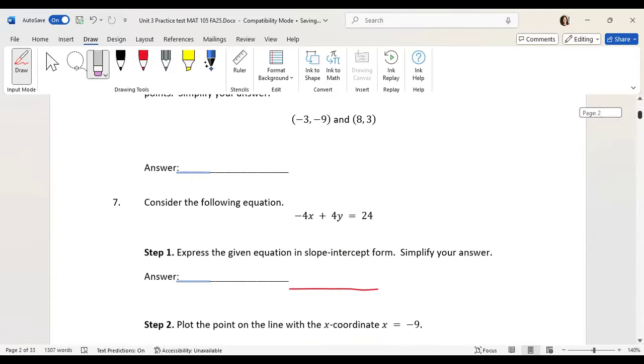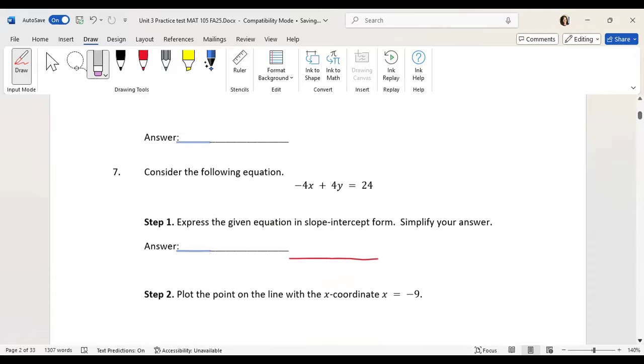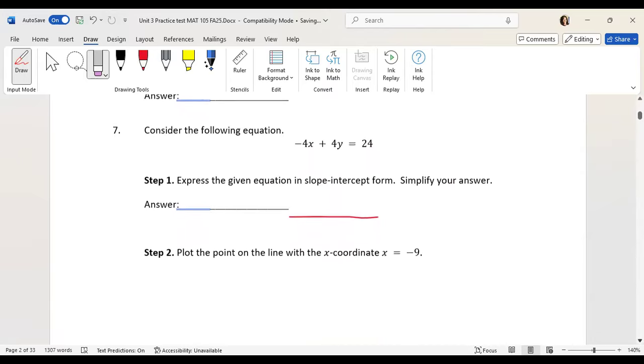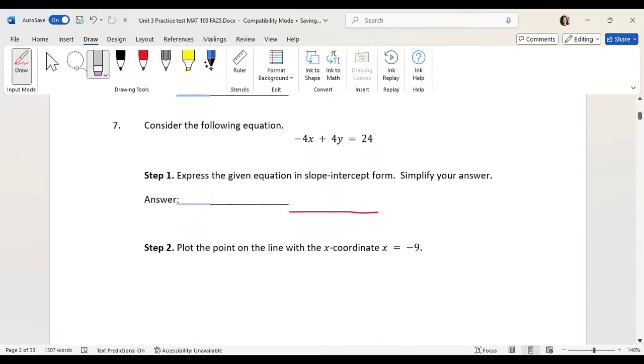Okay, consider the following. Number 7. It says express the given equation in slope intercept form, then plot the point on the line with the x coordinate of -9. I know you can do it. Everybody can now isolate the equation.